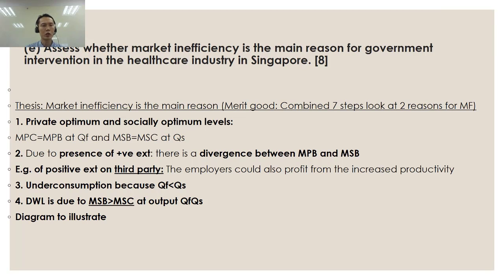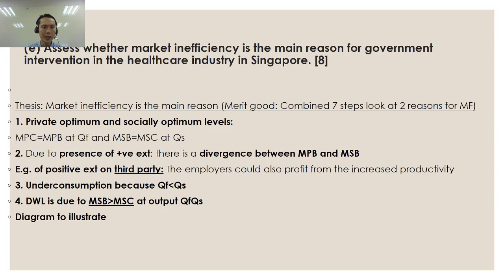An example of such will be the positive externality that happens to third parties that are not involved in the consumption or the production of the goods and services. For example, with better healthcare services, we will fall sick less often. The employer will therefore profit from our increased productivity.